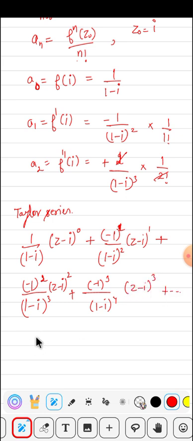So its expansion will be the sum, n equal to 0 to infinity, of 1 upon (1 minus iota) to the power n plus 1, times (z minus iota) to the power n.